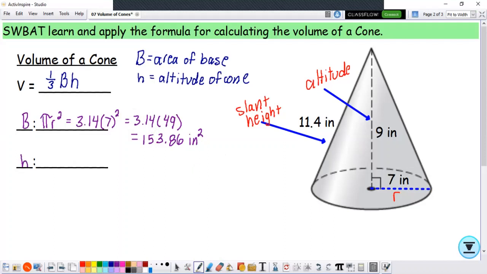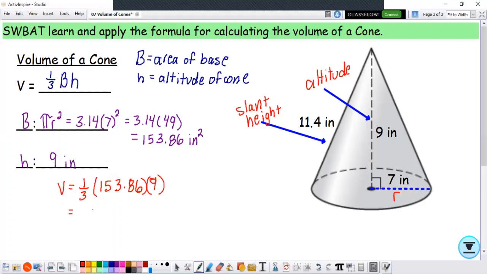The height of our cone, we mentioned earlier, is 9 inches. So to find the volume of this particular cone, we're going to take 1/3 times the area of the base, the 153.86, times the height or the altitude of our cone, 9.